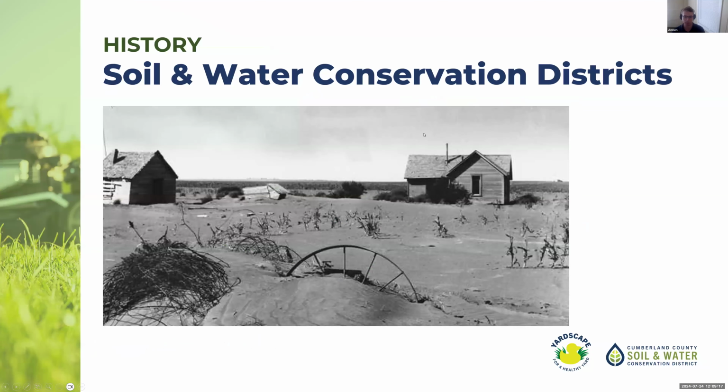I just want to give a brief overview, just a little bit about the history and the role that soil and water conservation districts have played in the United States since they were created. So they were established by the US government as a result of the Dust Bowl that was happening in the 1930s.